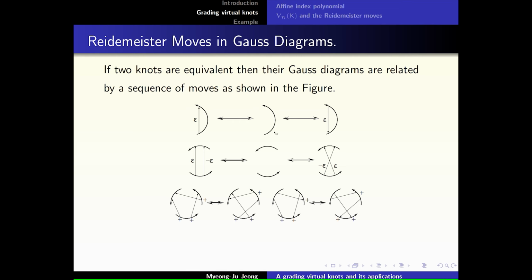The first move represents the first Reidemeister move, the second one expresses the second Reidemeister move, and this move comes from the third Reidemeister move. Here, epsilon may take plus or minus, which means the crossing sign of the classical crossing.